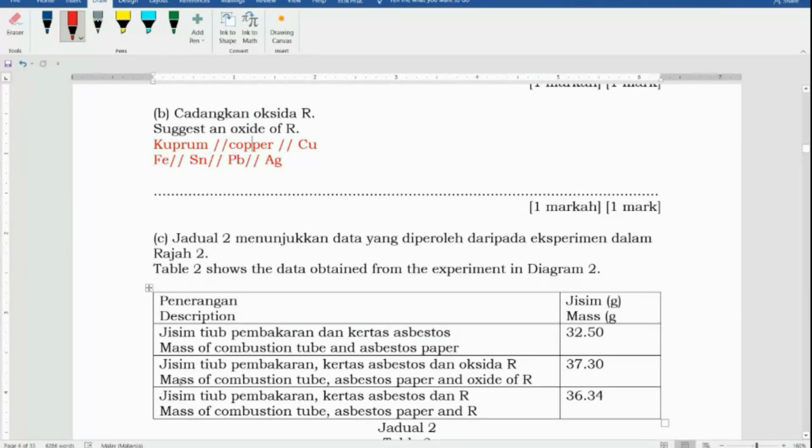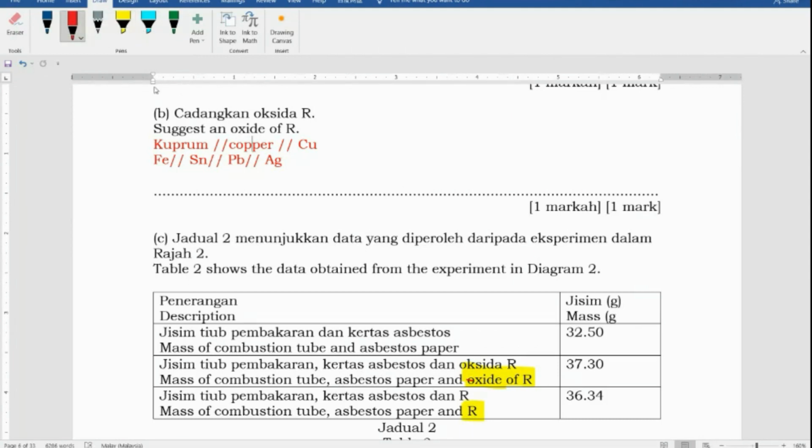Now here, the mass of the combustion tube, asbestos paper, and oxide R. So meaning that now you have put in the oxide R already. Now, number 3, the mass of the combustion tube, asbestos paper, and R.